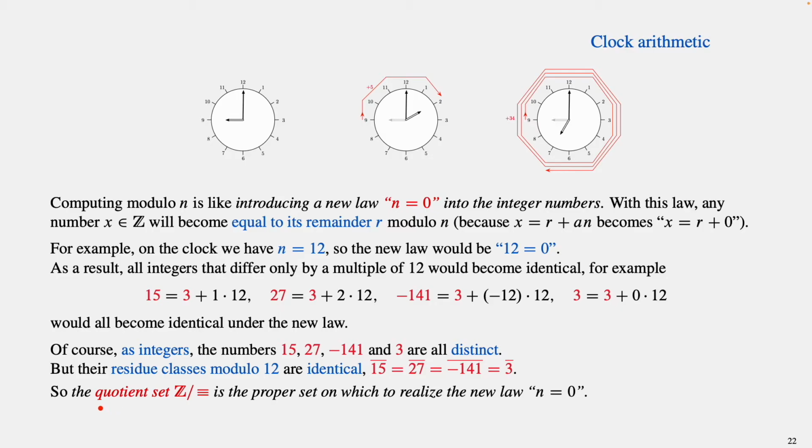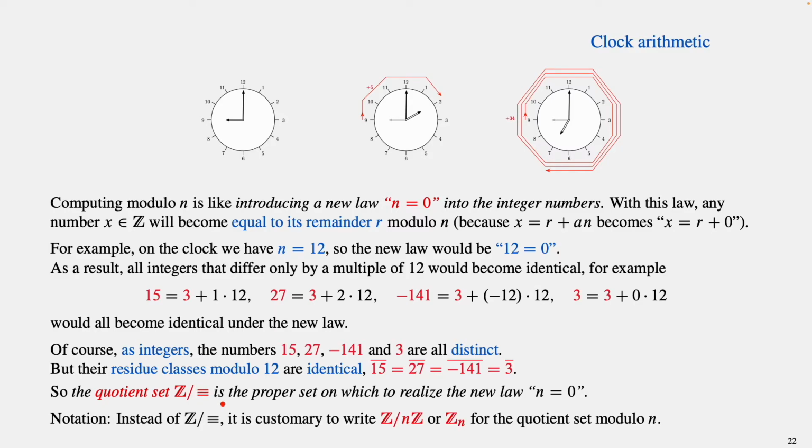So the proper set on which we realize this new law n equal to 0 is actually the quotient set. So the set containing all the equivalence classes, Z over the congruence. And just for the notation, it's not customary to actually write it like this, but usually you would use one of these two notations, so either Z over nZ or simply Z_n with n as an index for this quotient set modulo n.